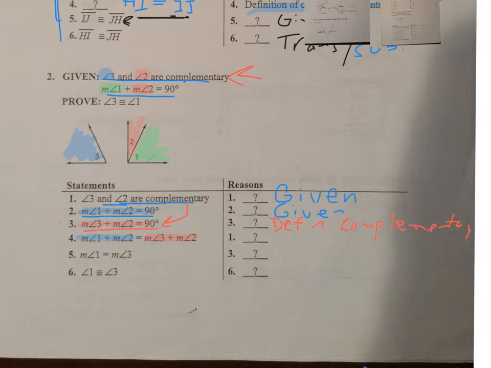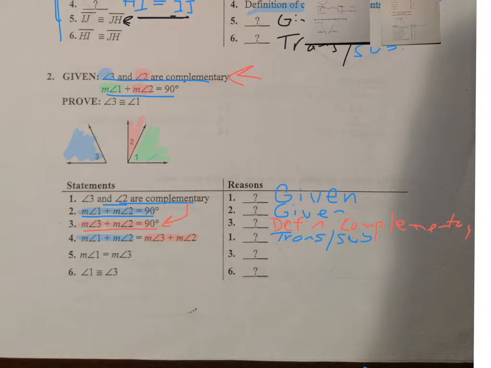Why could I do that? Again, either the transitive property, we can say that angle 1 plus angle 2 is 90, 90 is angle 3 plus angle 2, therefore we can skip the middleman of 90 degrees and just put them side by side, or I can use substitution. Either one is going to be an acceptable answer for that, just depending on how you see it better. So here is going to be transitive or substitution.